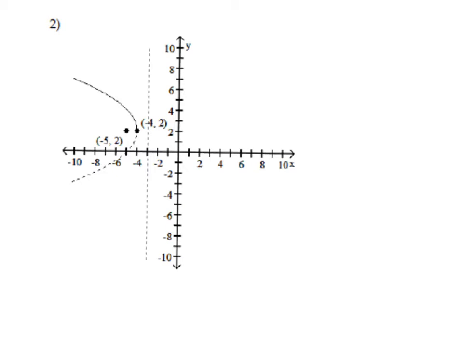Now let's try example number 2. You'll notice that this parabola is a sideways parabola. So when it's a left-right parabola, that means that I have to use the basic equation (y minus k) squared equals 4p times (x minus h). So first decision, which equation do you use based on which way the parabola faces?